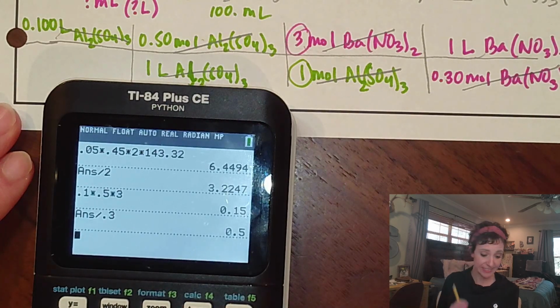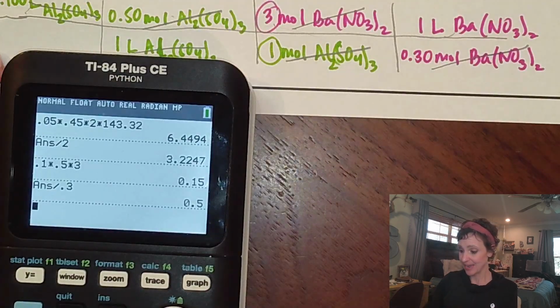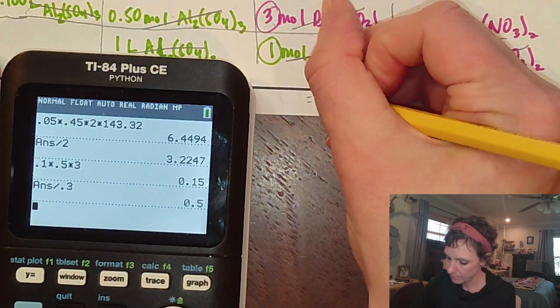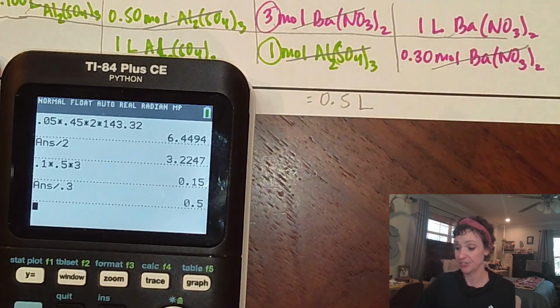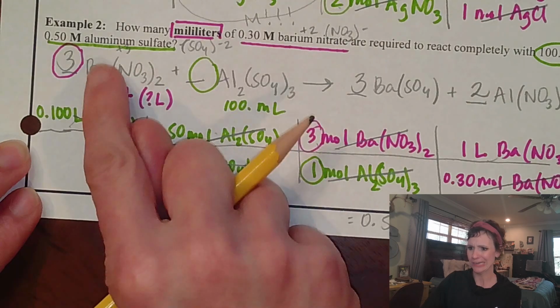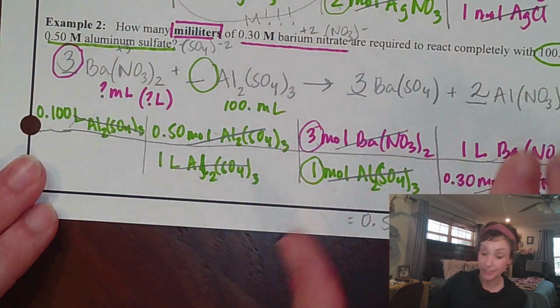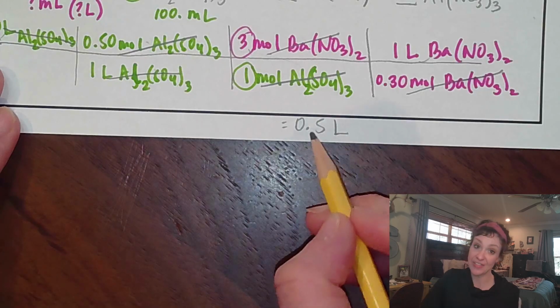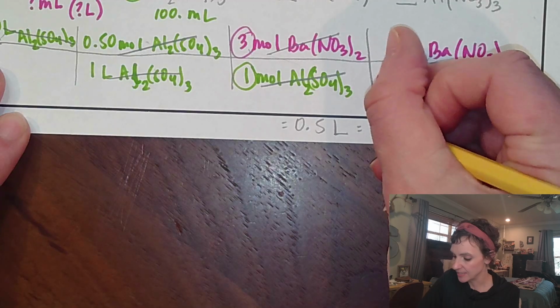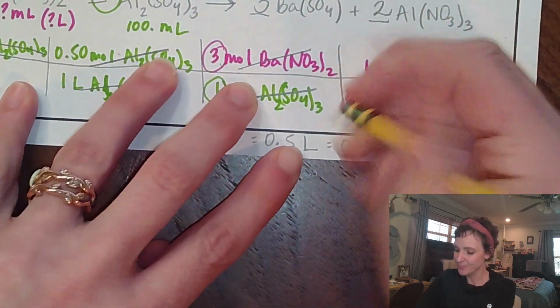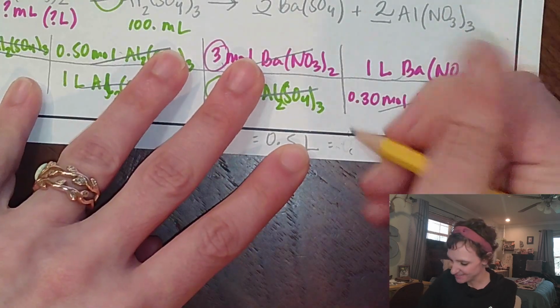Okay, I get 0.5, yes? And this is a liters representation. If you'll remember, my answer wouldn't actually technically tell me how many milliliters that is. To turn that into milliliters, I just move the decimal 3 places that way. That's 500 milliliters.